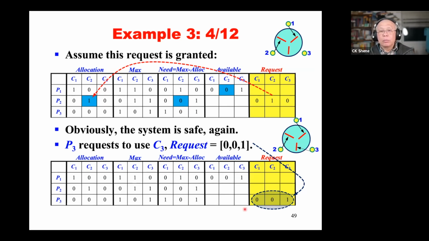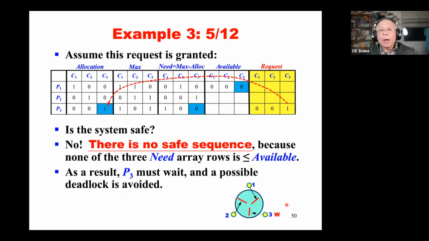So P3's request is here. Assuming that P3's request is made, the system gives C3 to P3, so the corresponding need entry is 0. Now the system has no chopsticks available.